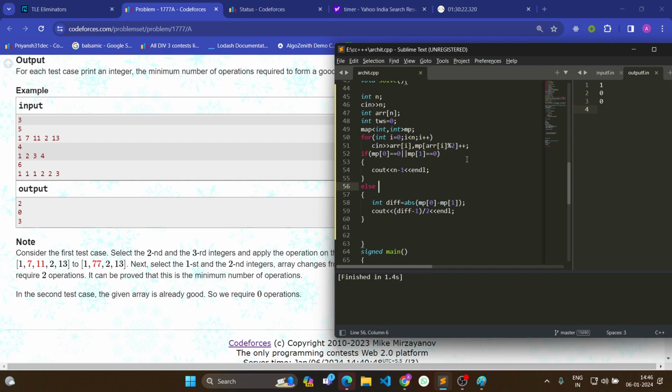Am I missing something? Like three and then five. So I have one, two, three, four, and one odd element. What is happening?